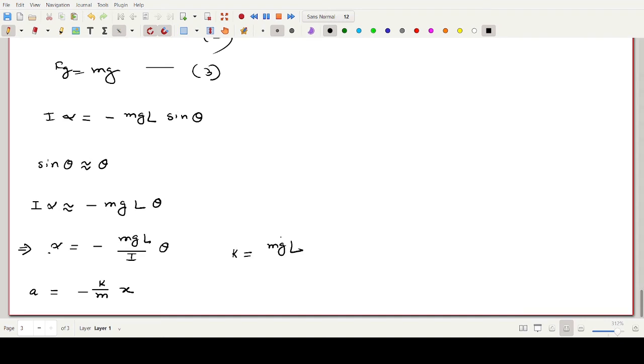Now what will be the value of angular frequency omega naught?